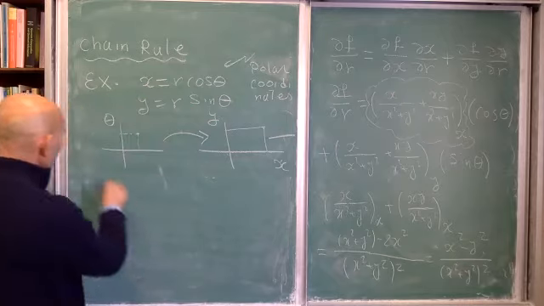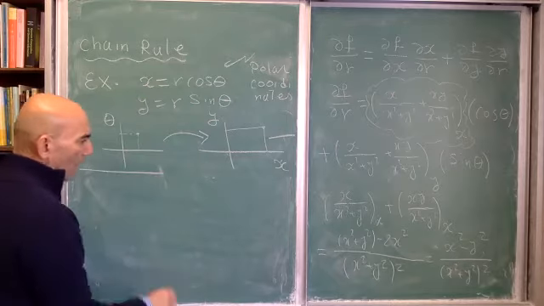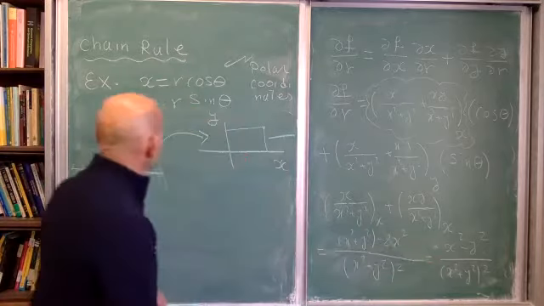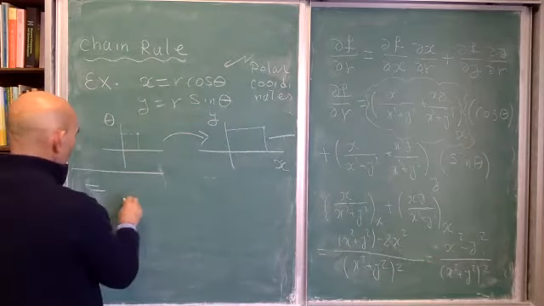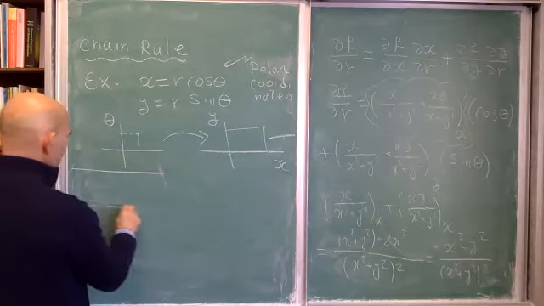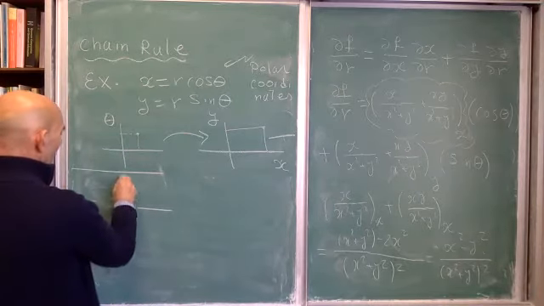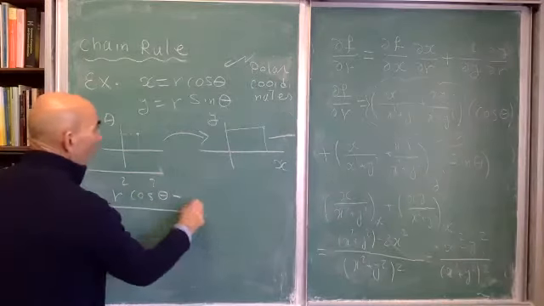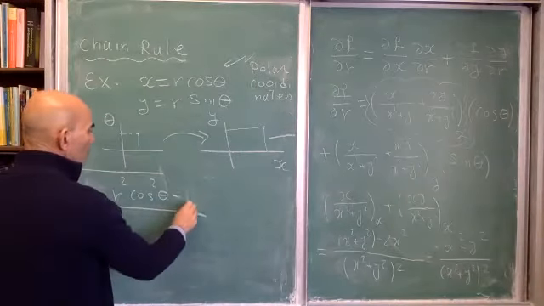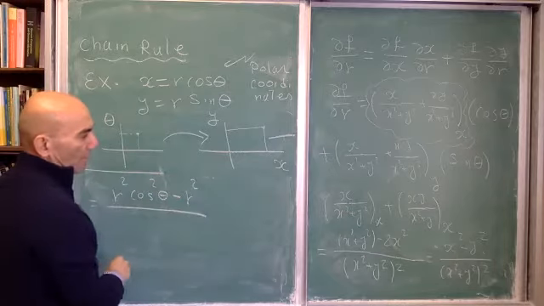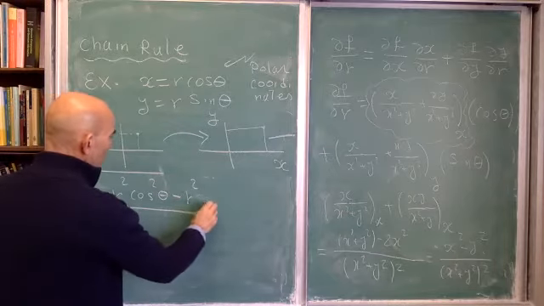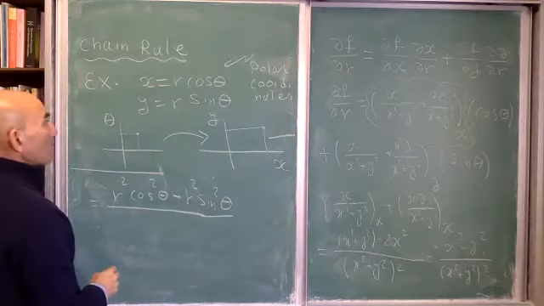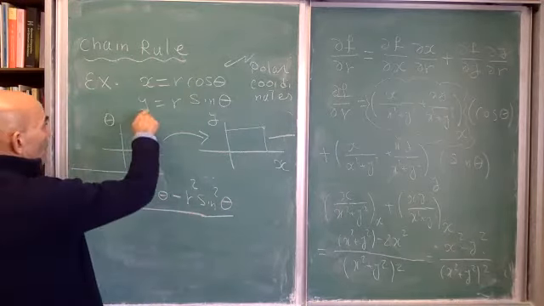We do get, indeed, in this case, continuing from here, x² is r² cos² of theta minus r² sin² of theta, divided by x² plus y².